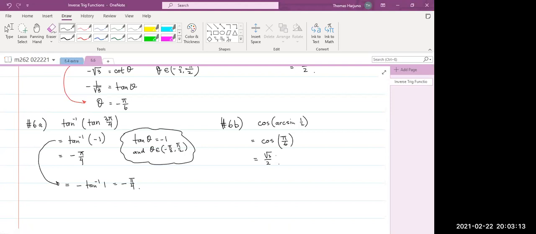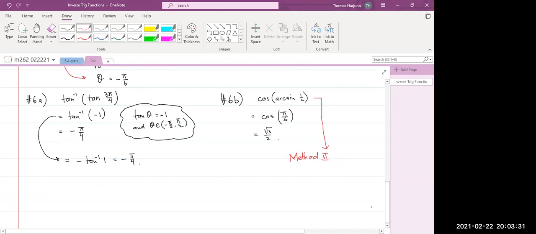Now, I would like to go on with the second method of doing number 6b, which is actually more important. The second method, method 2. We let theta equal arc sine of 1/2.